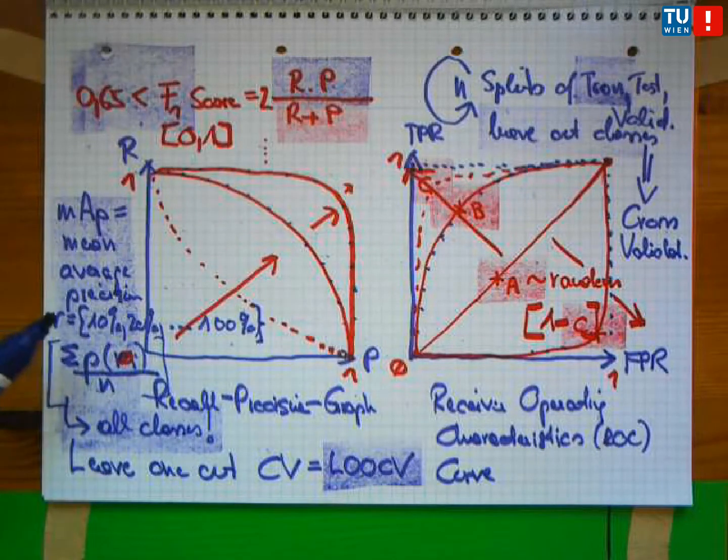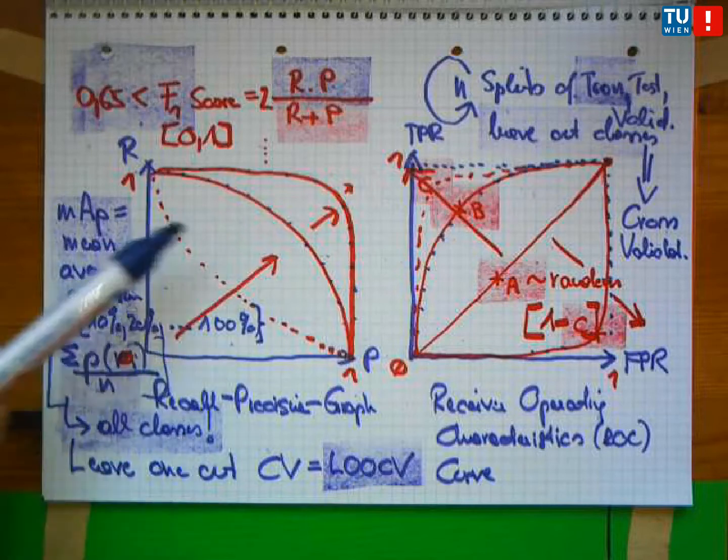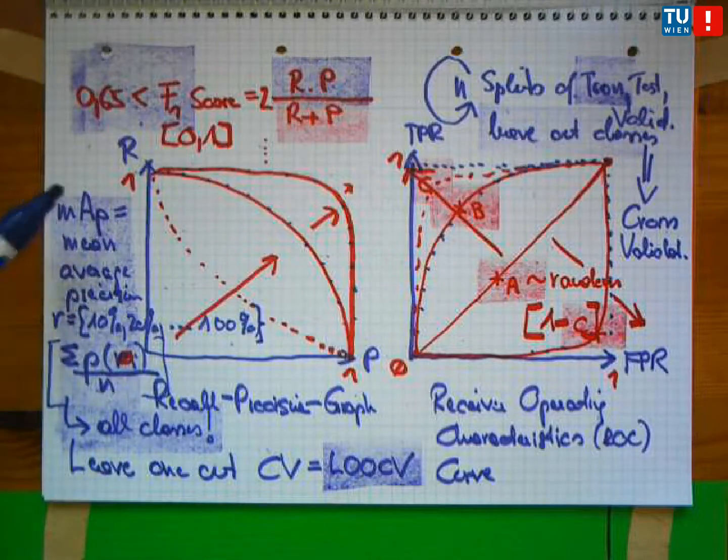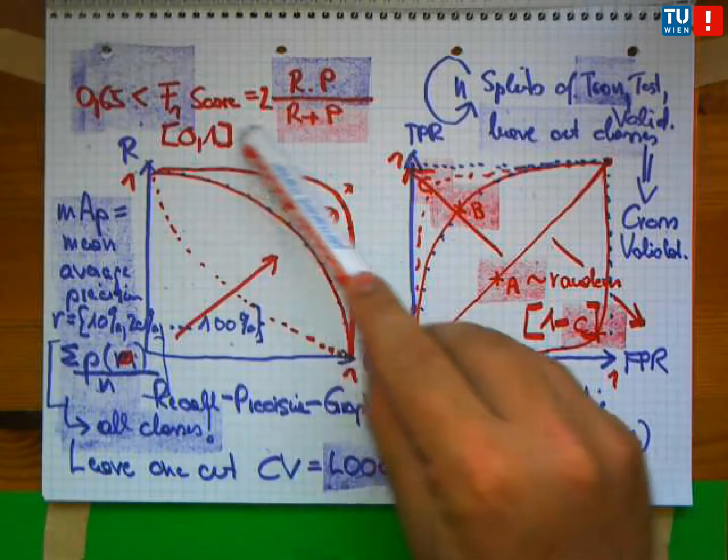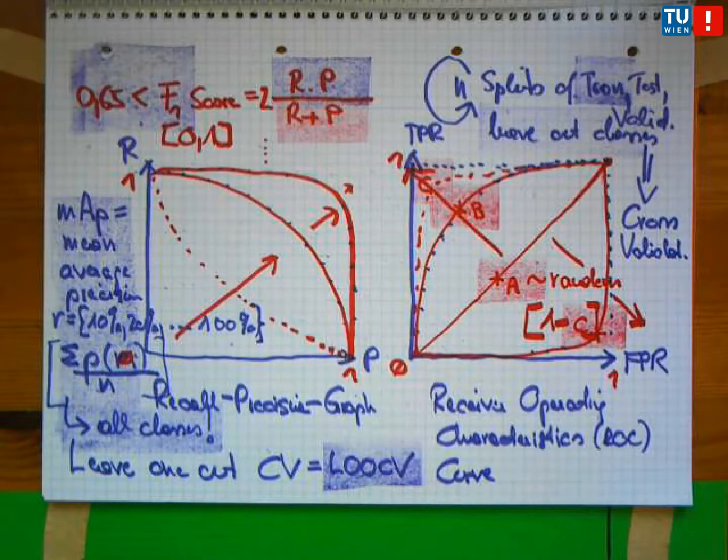It gives you the average precision, and if you repeat that over all classes, you have a mean of the average precision, which is very expressive because it gives you an abbreviated form of the recall and precision graph. But it comes today with a drawback.